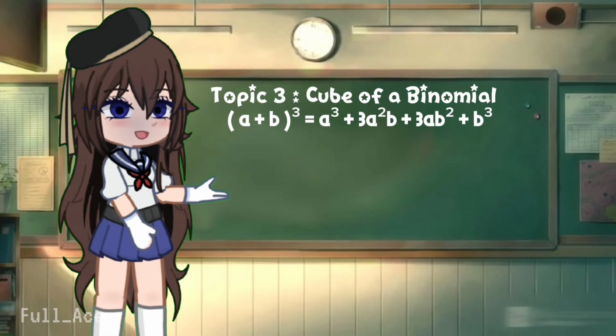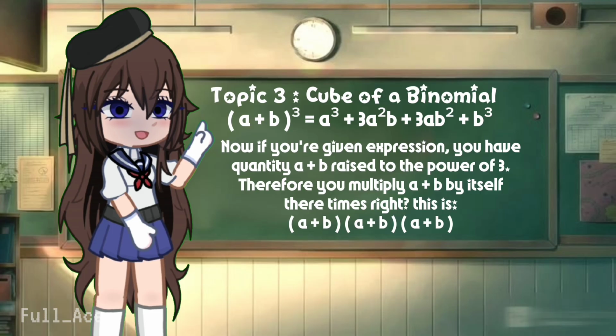Topic 3. The cube of a binomial. Now, if you're given an expression, the quantity a plus b raised to the power of 3, you multiply a plus b by itself 3 times, right? This is a plus b multiplied by a plus b multiplied by a plus b.